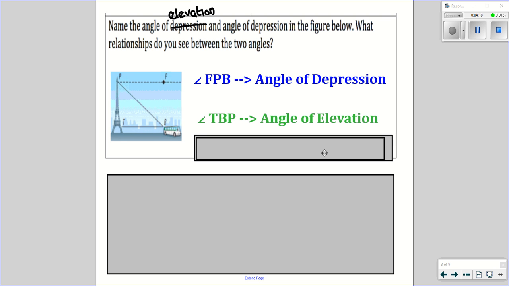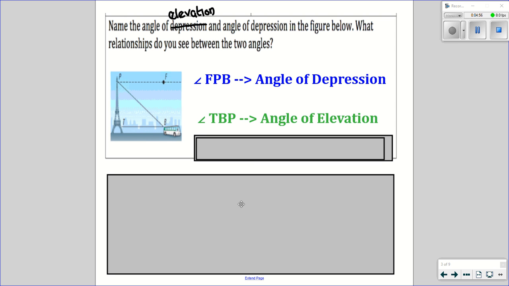But going back to previous lessons, last year when we talked about parallel lines and transversal lines and what special angle pairs they create: we have two lines, the horizontal line at the top and the one at the bottom. They are parallel because it's your eyesight, and the horizontal is always parallel, straight across. And then we have a line of sight which cuts through those two lines. So again, you think parallel lines, transversal.